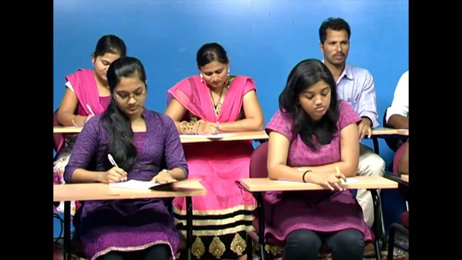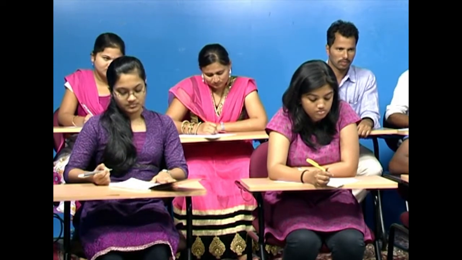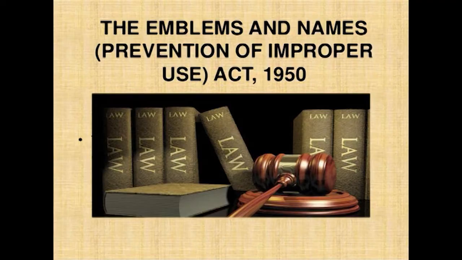Such name may be reserved for 60 days from the date of application. If no such company is formed, the reservation is to be cancelled and the applicant is to be punished with a fine extending up to 1 lakh rupees. It should not contravene the provisions of the Emblems and Names (Prevention of Improper Use) Act 1950.